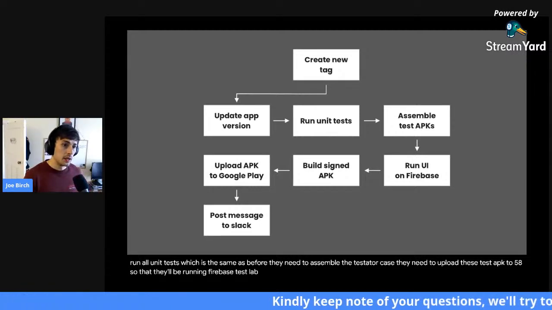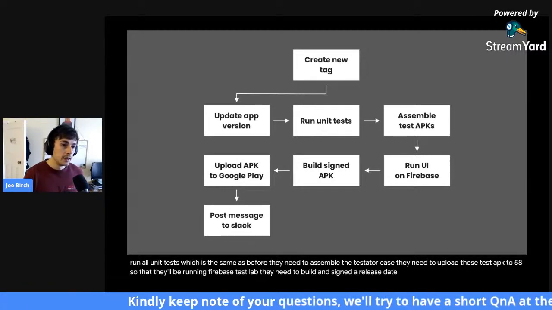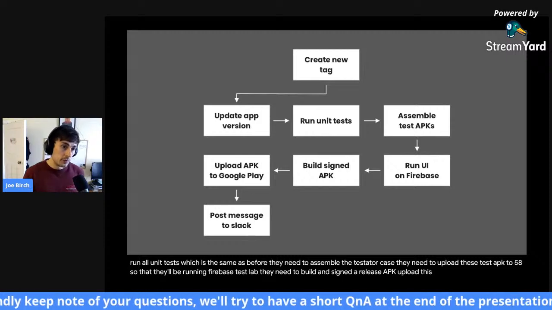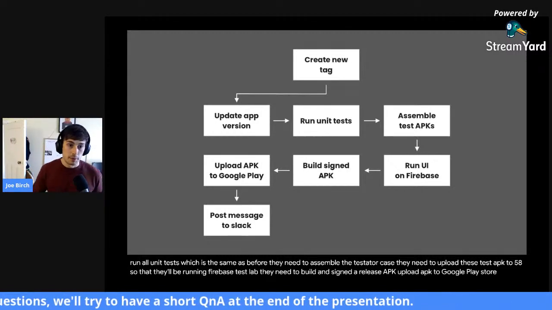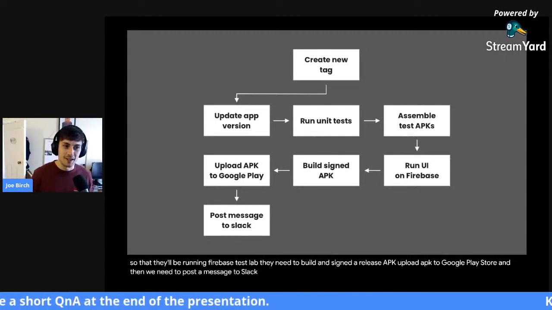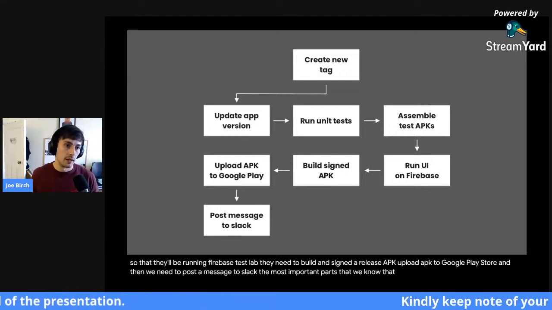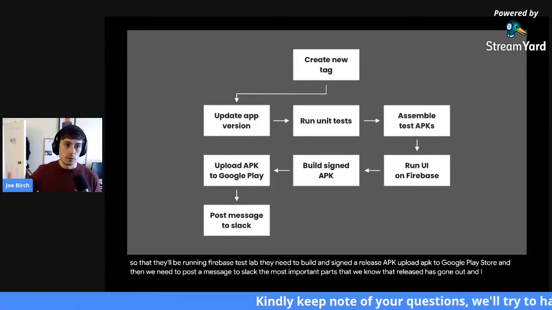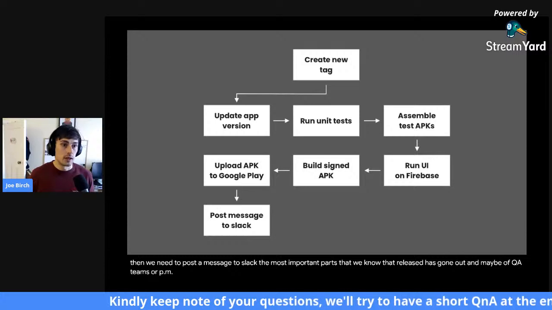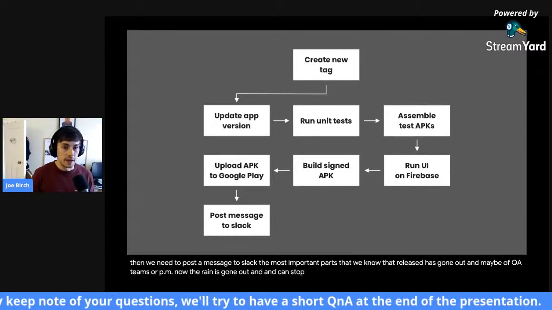We then need to build and sign a release APK, then upload this APK to the Google Play Store. And then we need to post a message to Slack, the most important part, so that we know that the release has gone out, and maybe your QA teams or PMs know that a release has gone out and can start accounting for that.